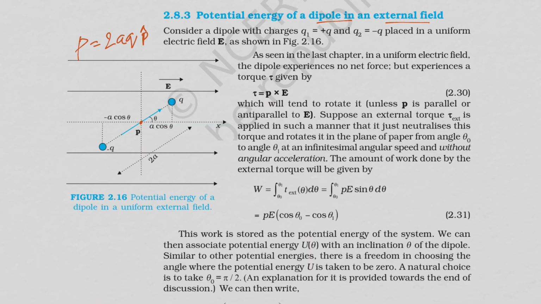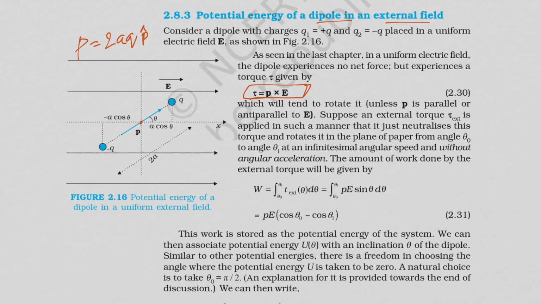Now we already know that when the dipole is there in an external electric field, there is a torque working on it. The torque tau is equal to P cross E. So if you want to sense the direction of this torque, it would be so if the electric field is due to the positive charge, so this will push the positive charge away.